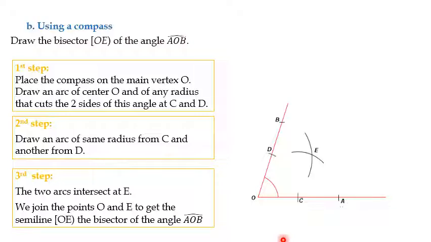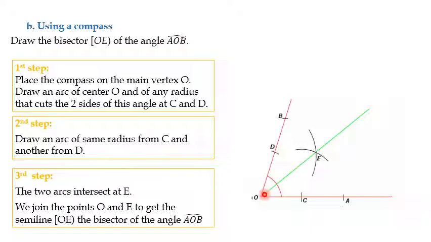Then the point of intersection of these two arcs, here I named it E. We join it to the vertex O and we get the semi-line OE, which is the bisector of AOB. OE is the bisector, then AOE equals EOB, since the bisector cuts the angle into two equal adjacent angles.